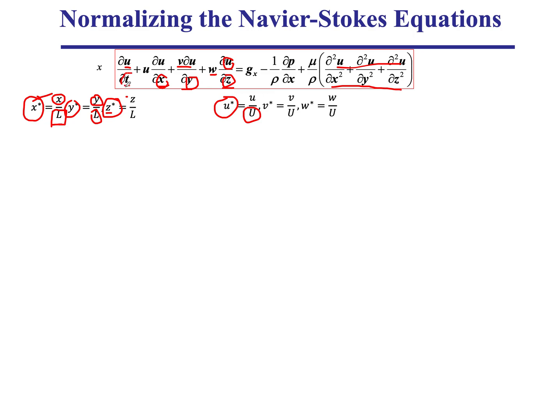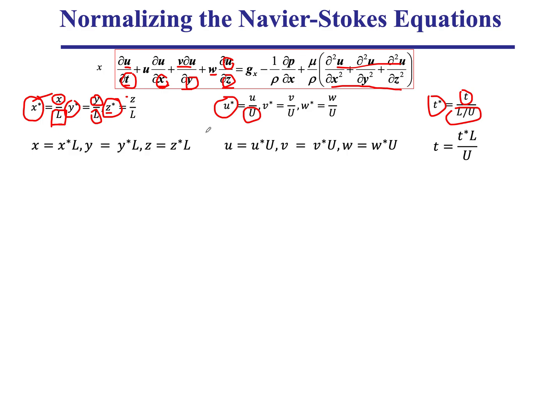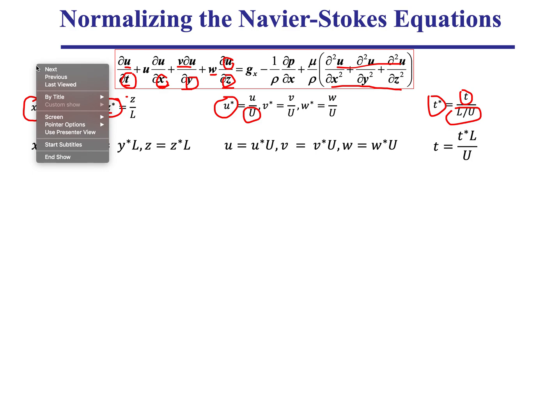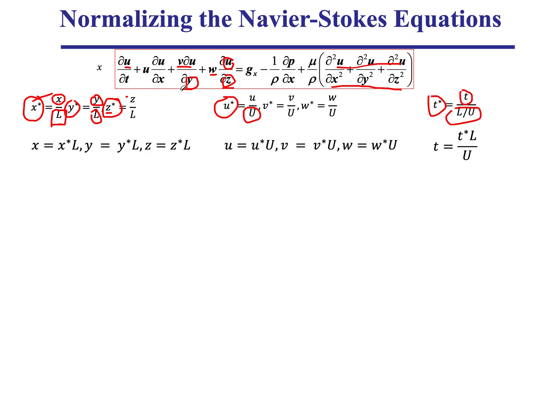And now for the time, I will also define a unitless time, which is my dimensional time in seconds divided by my time scale. Time scale is just the L over U. So if I want to plug those into the Navier Stokes equation, let's see what that gives us.